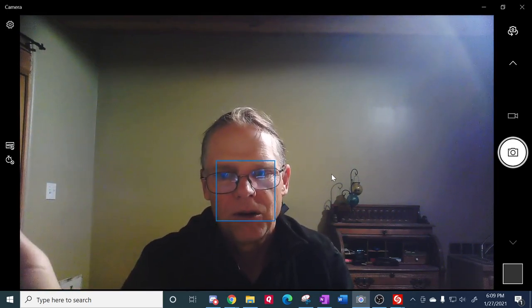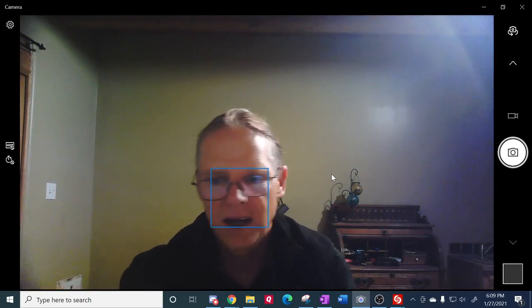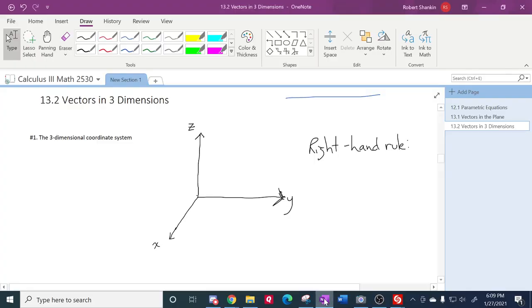So put your hand on the x-axis and rotate. Now let's go back to our image here. Notice, if you put your hand out, so the bottom of your hand is along this x-axis here, and then you curl it towards the y-axis, then your thumb points up.